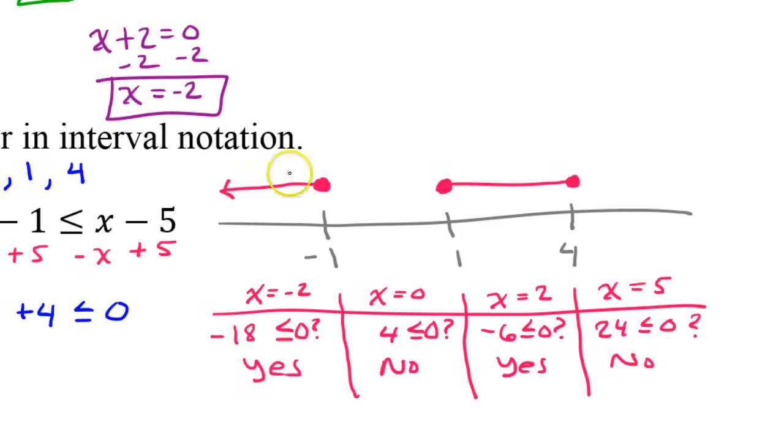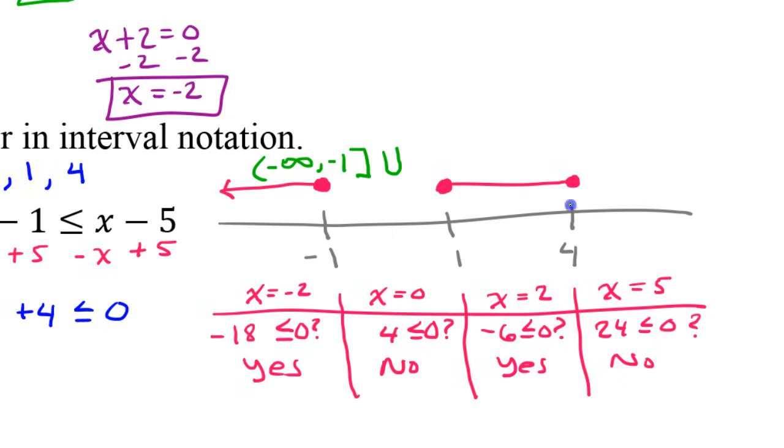And now it's time to write interval notation. So this part is going to be -infinity to -1. And I will put a square bracket because this is a closed circle. Square bracket means we're going to include the borderline point here. And I'm going to put union because I have more than one interval.